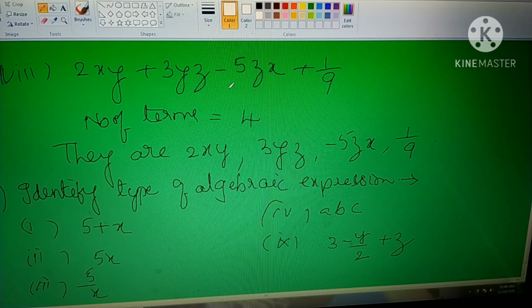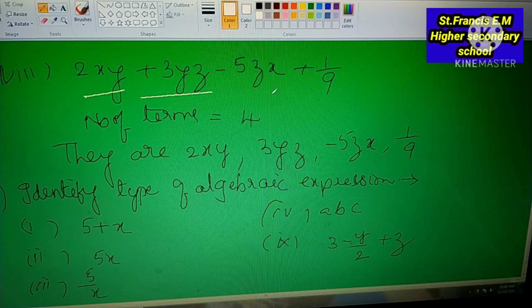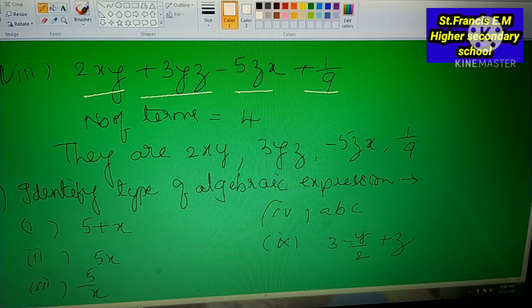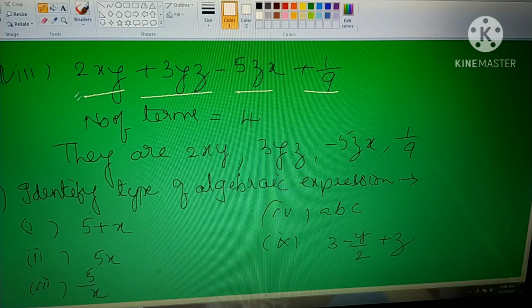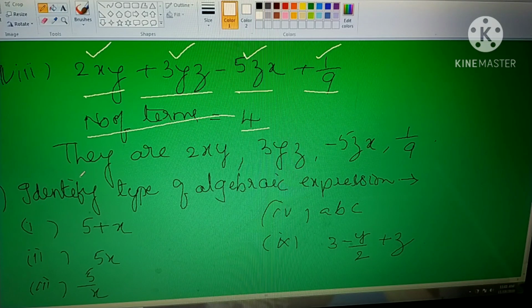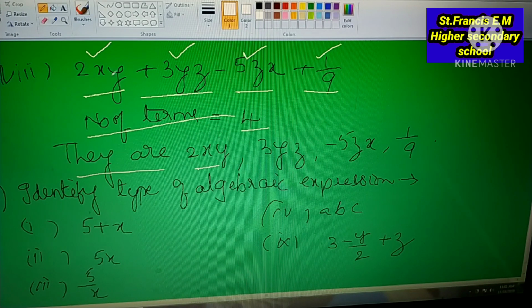Now see the next example. 2xy, 3yz minus 5zx plus 1 by 9. This is one expression, a combination of mathematical symbols plus and minus. So this expression is divided into how many terms here? 4 terms: 1, 2, 3, 4. So write down the number of terms first, that is 4. After writing that, what are the terms here? 2xy is one term, write first term 2xy.